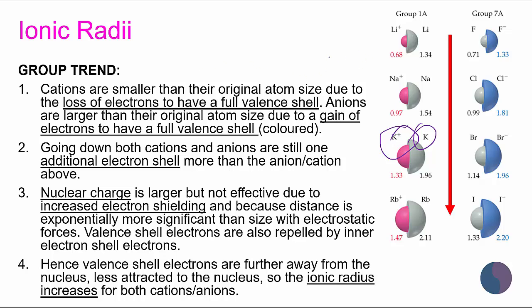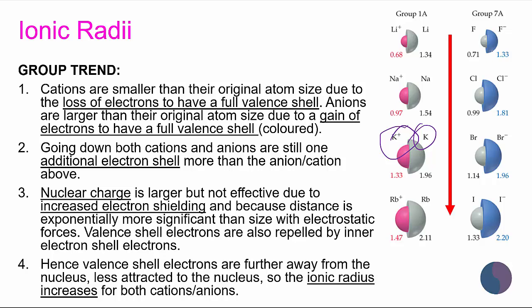Okay, so group trend: cations are smaller than the original atom due to the loss of electrons to have a full valence shell or a full principal energy level. Anions are larger than the original atom size due to a gain of electrons to have a full valence shell or a full principal energy level.